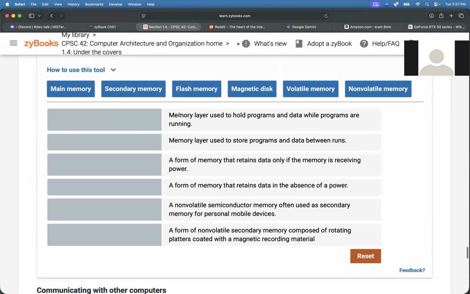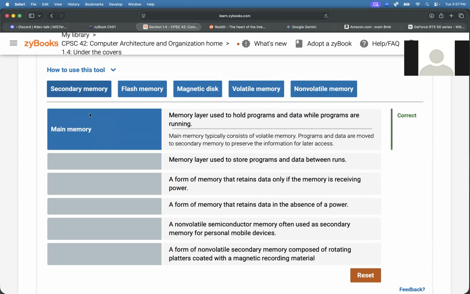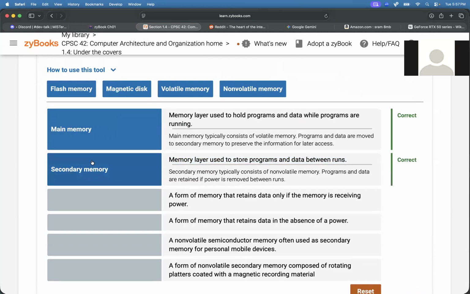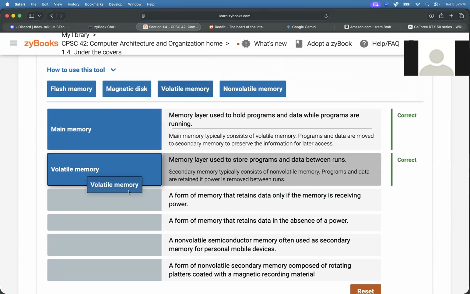What memory is used to hold programs and data while programs are running? That's RAM, which is the main memory. Memory used to store programs and data between runs. That's what they called secondary memory up there, like disks. A form of memory that retains data only if the memory is receiving power. If it needs power, it's volatile.